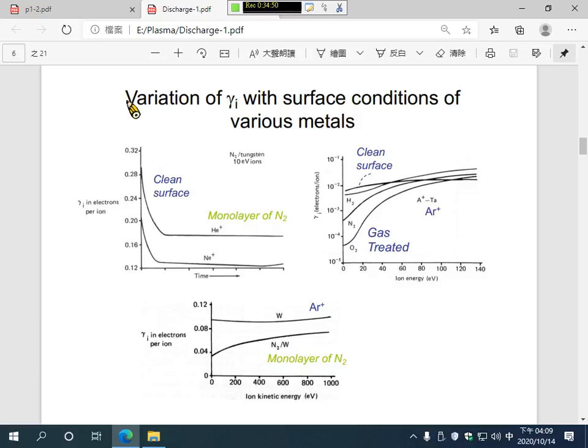so that the surface of the tantalum, for example, is adsorbed by oxygen. This is at the beginning. And later on, you run the argon ion bombardment for a while.